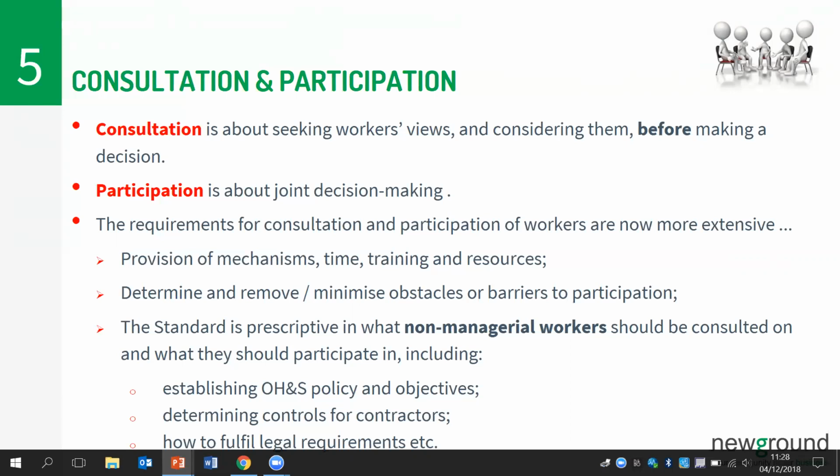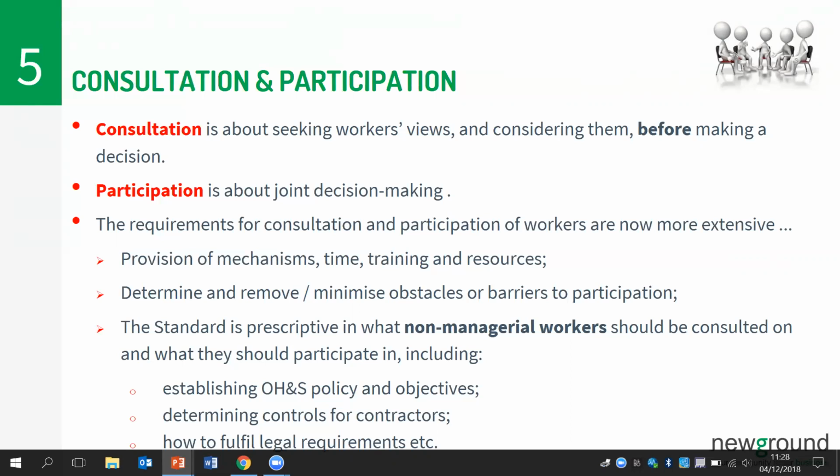Whatever the mechanisms you decide to use, consultation and participation should be effective and proportionate to the specific issue or issues being considered. So you have the flexibility to decide the arrangements that are best suited to your business.